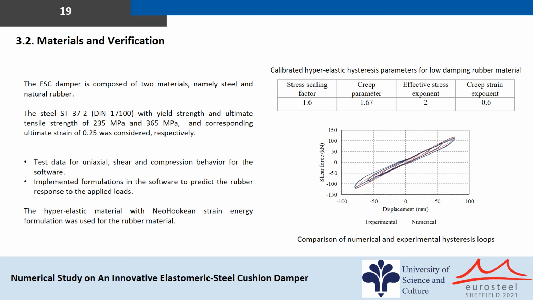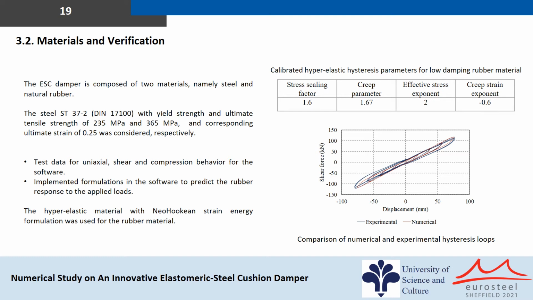The ESC damper is composed of two materials, namely steel and natural rubber. The steel is ST37 according to the DIN standard, with a yield strength and ultimate tensile strength of 235 MPa and 365 MPa, and an ultimate strain of 25%, respectively.